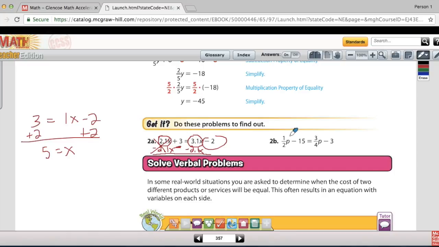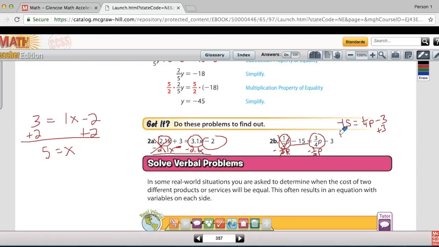On 2b, I have 1/2 p and 3/4 p. I am going to minus 1/2 p because I like to deal with positive numbers, and 1/2 p minus 1/2 p is 0, so I'm left with negative 15 equals 3/4 minus 1/2 is 1/4 p, and then that minus 3 is still there.